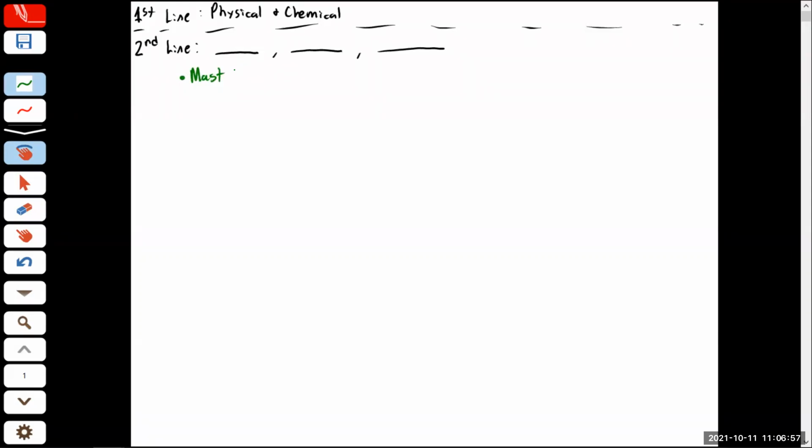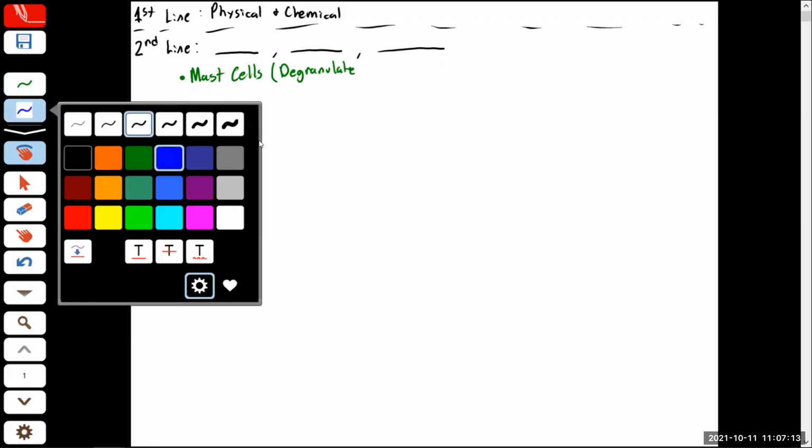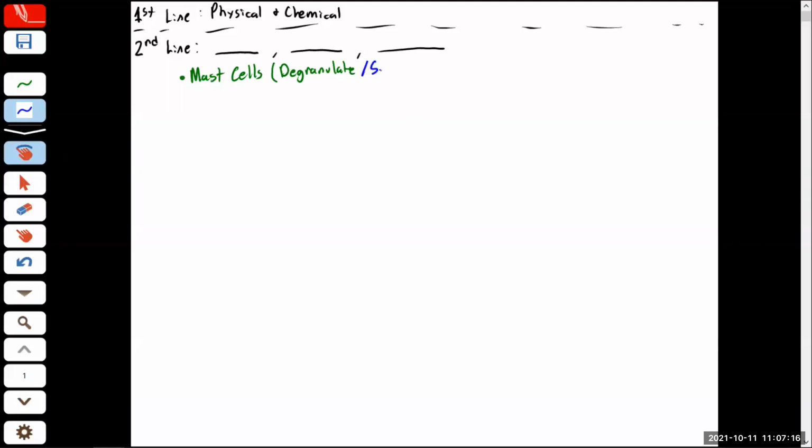And the thing that kicked us all off was mast cells. Okay, mast cells. 2 functions of your mast cells. What were they? Degranulate and synthesize. Okay. And what kind of things did we degranulate?